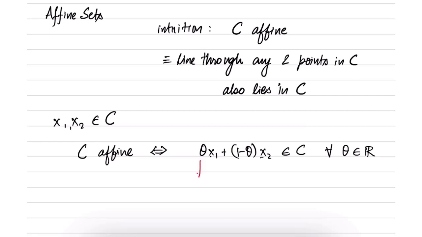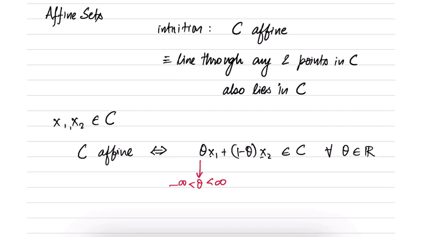So notice a few things in this definition. First of all, there is no restriction on theta, so theta can be anything from minus infinity to infinity, right? Which means that all the points that are between x1 and x2 as well as those points that are outside of x1 and x2 are also included.